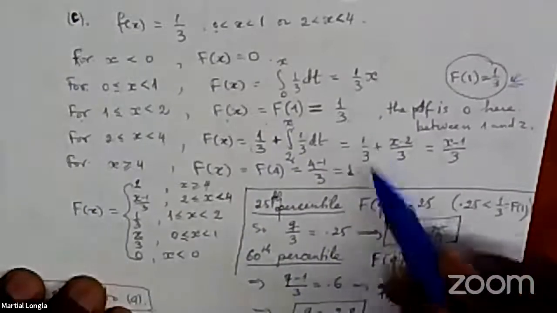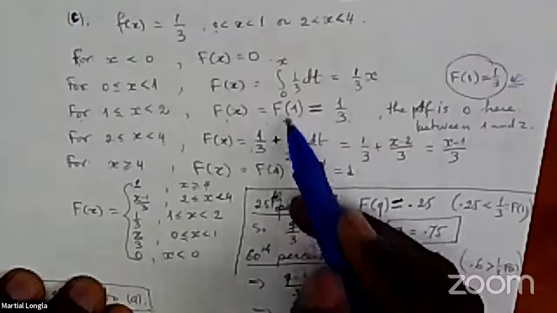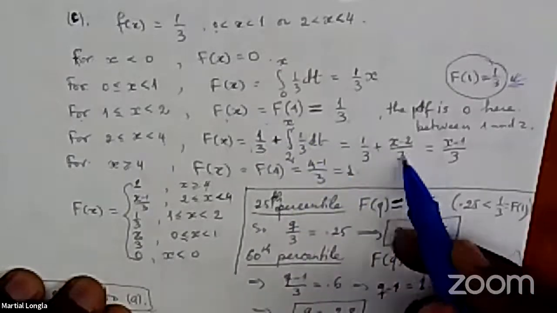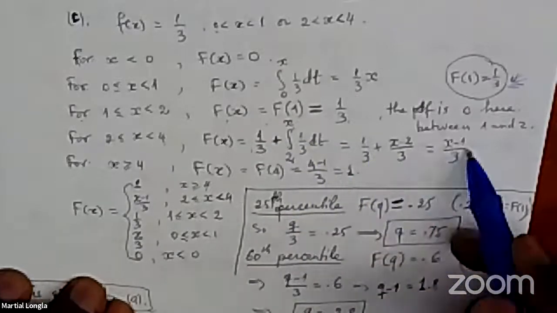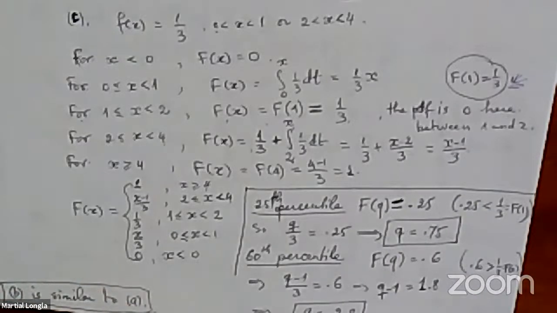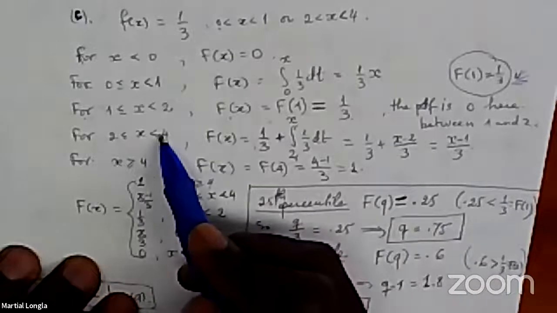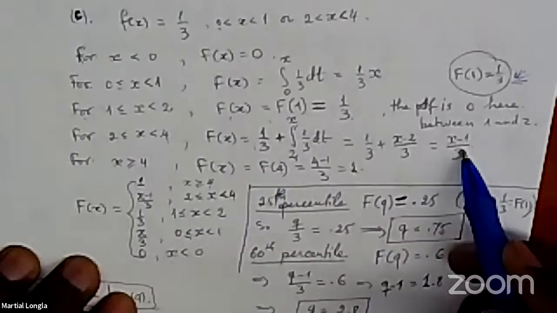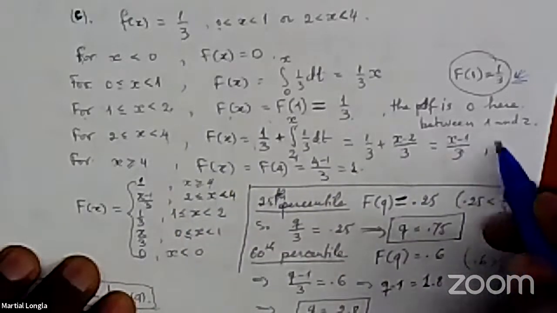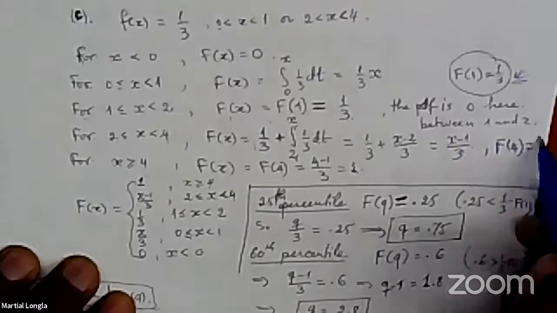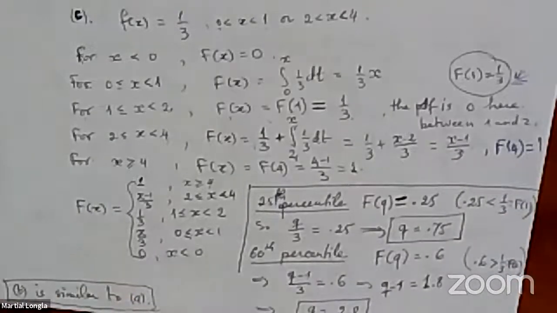So you just write that 1/3, and then you integrate from 2 to X, you get X minus 2 over 3 plus 1/3, which is X minus 1 over 3. And then you can check here as well. When you reach 4, what's the value here? F of 4 equals 1, which is normal because 4 is the end of the support.